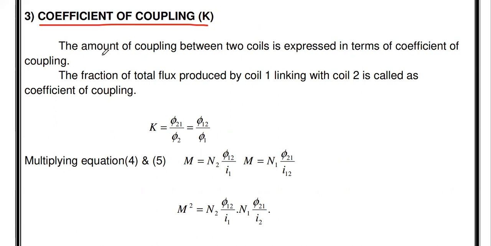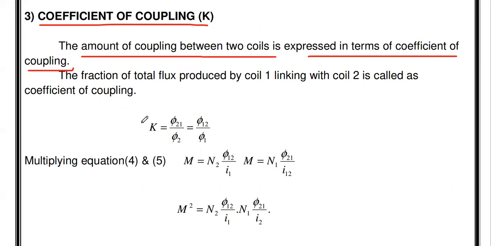What is the coefficient of coupling? It is the amount of coupling between the two coils. How much the first coil and second coil, L1 and L2, are coupled is expressed in terms of the coefficient of coupling K.